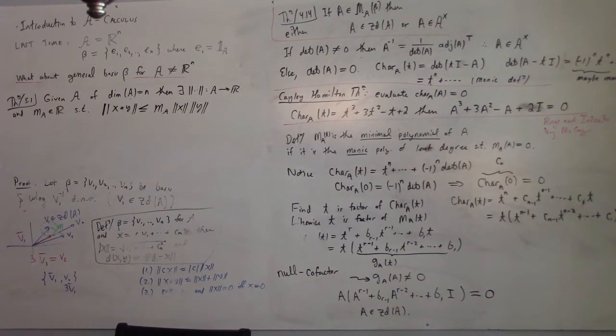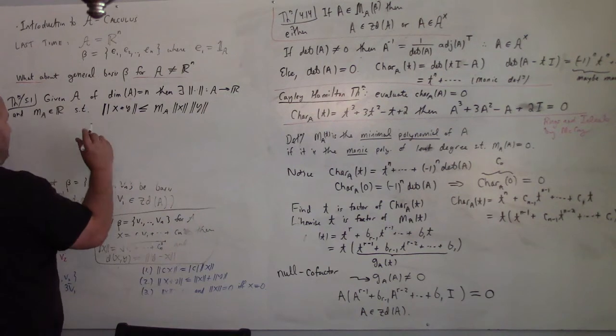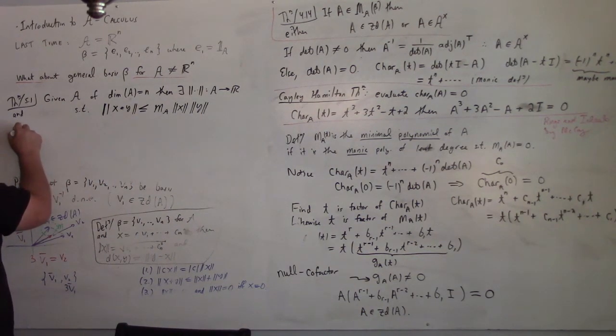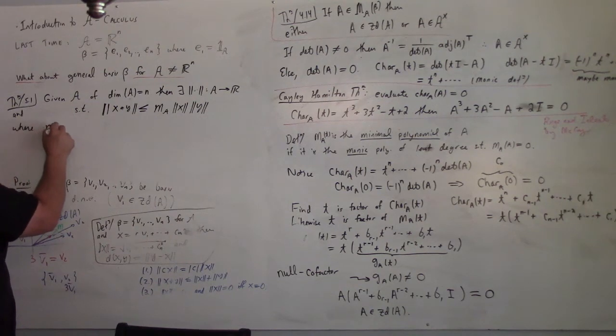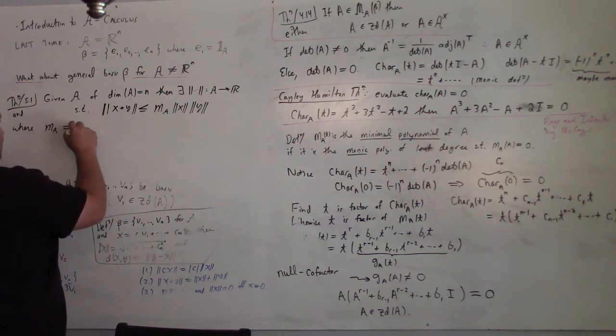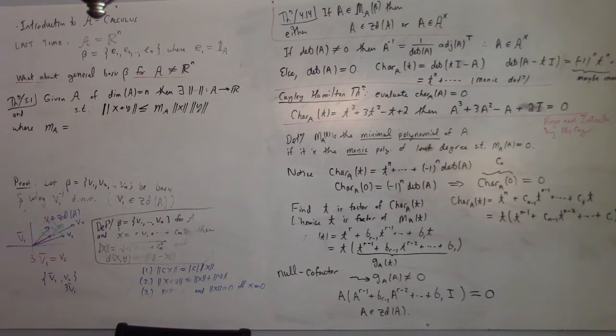In fact, I state theorem 5.1 a little bit differently. I say there exists a norm such that this holds, where M sub A is equal to a particular thing.